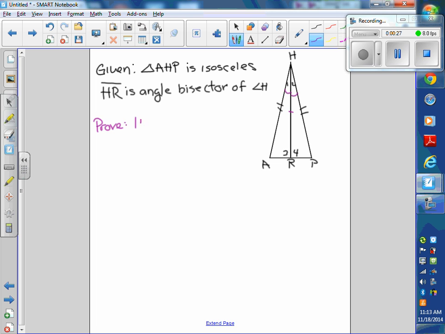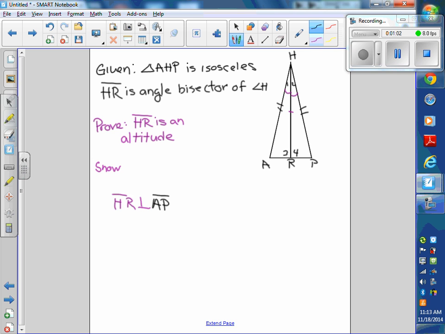But we're trying to prove that HR is a median, or an altitude this time. So in order to do that, we have to show that HR is perpendicular to our PA, to AP.